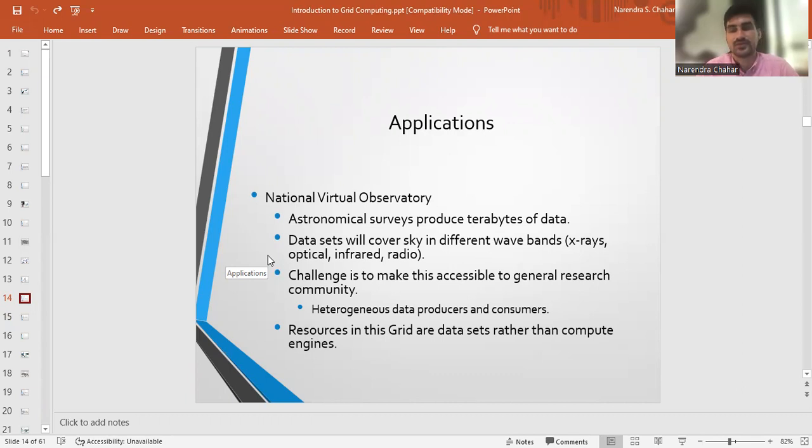Terabytes of data, of various kinds of information, are placed there, and how the data is managed and how the computing part takes place, all of it comes under grid computing, because we are using this technology for that.